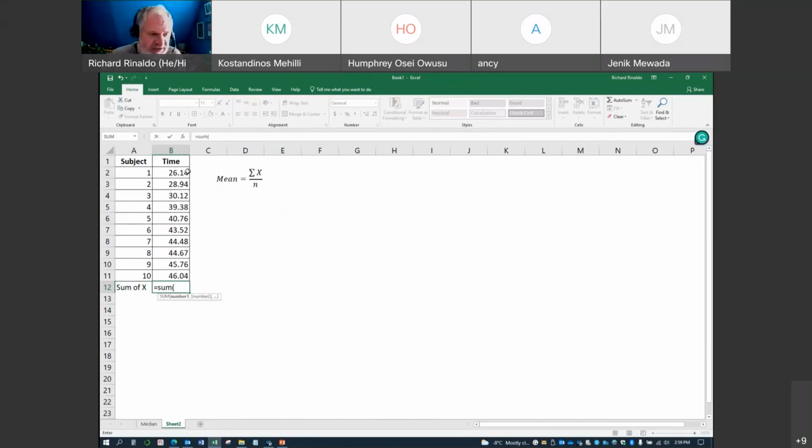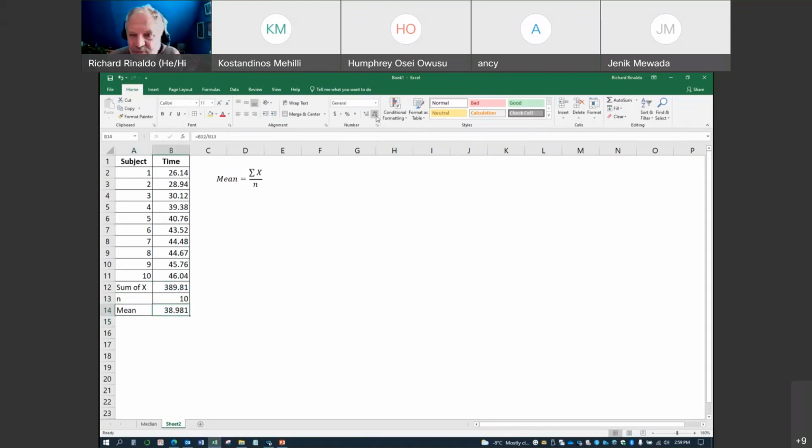I'll do this in Excel. I add these all up. And then n equals 10. And the mean equals the sum of x divided by 10. Okay, it's relatively straightforward.